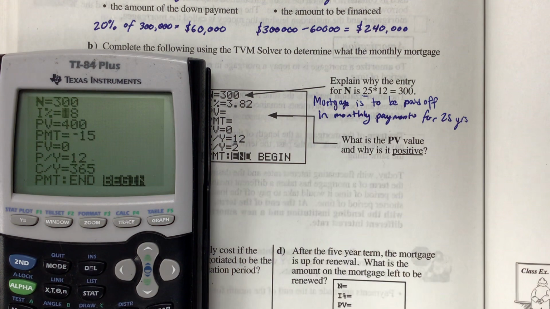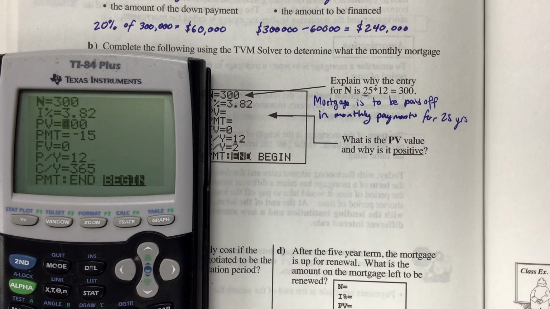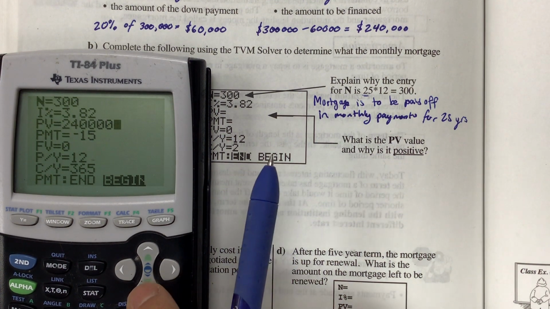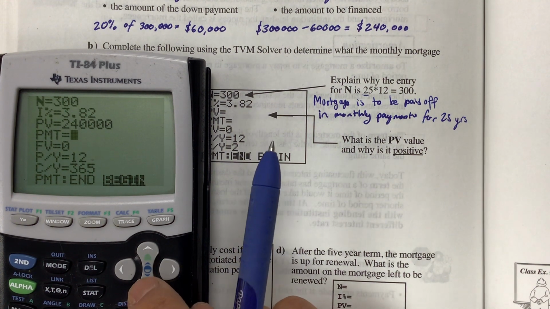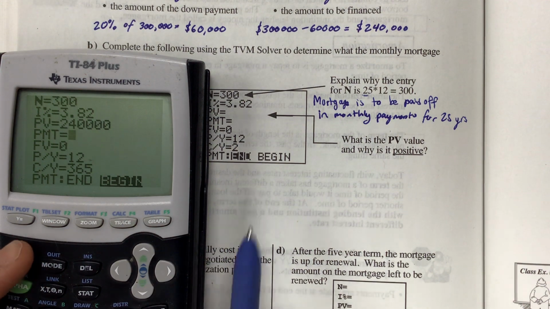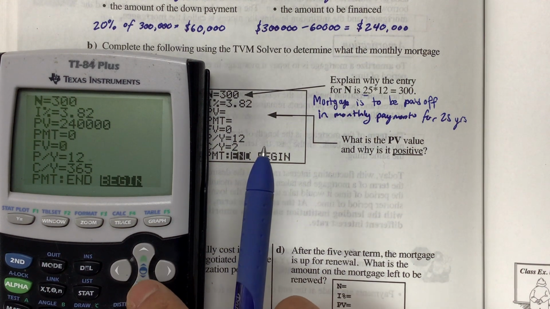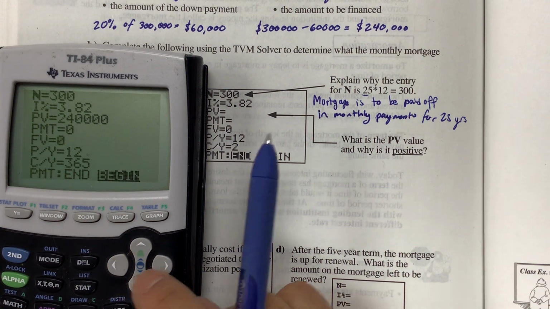The interest rate was 3.82%. The principal value is $240,000. We want to see what the payment is going to be. For FV, the final value, I'll just put 0 for now. FV is going to be 0, assuming that we pay that off.